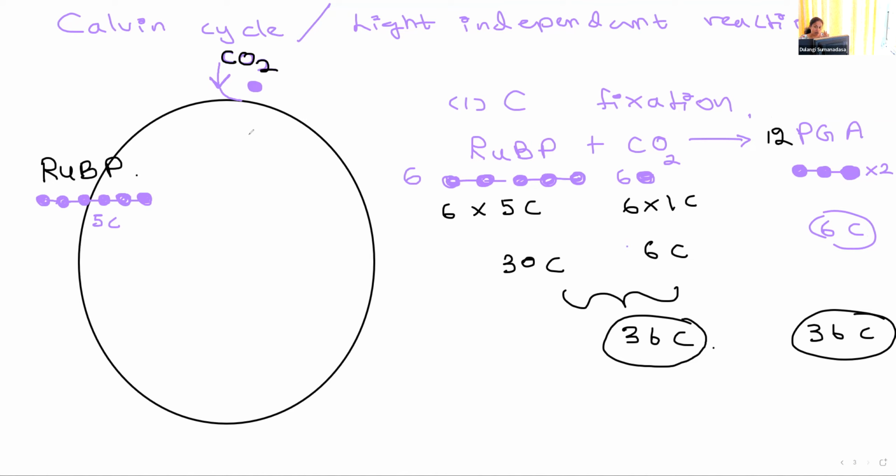Okay, I'm going to write it on the cycle now. We are bringing RuBP 6, and then carbon dioxide 6, and the products we're going to create are 12 PGA. Right, so write down somewhere PGA. You're having 12 of them, but each is going to have 3 carbons. So PGA is a 3-carbon compound.